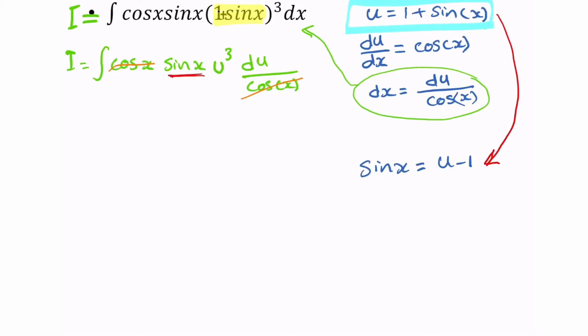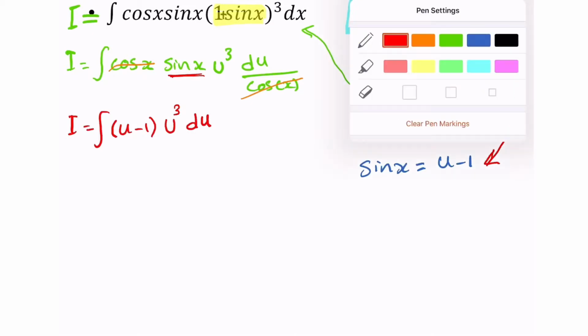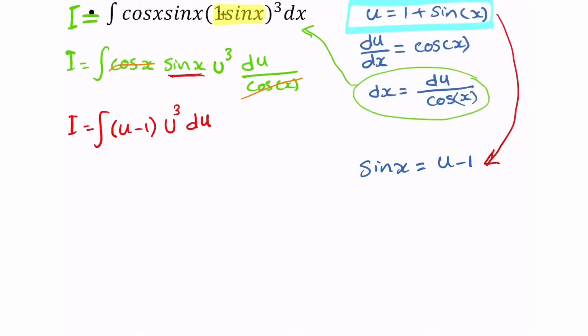Right? So the integration is going to be I equals the integration. So look how lovely and easy now. So it's integration of, and instead of the sine x, I will put u minus 1, and then this multiplied by u to the power 3 and du. Is there any x here? No. So now I'll just multiply out the brackets.